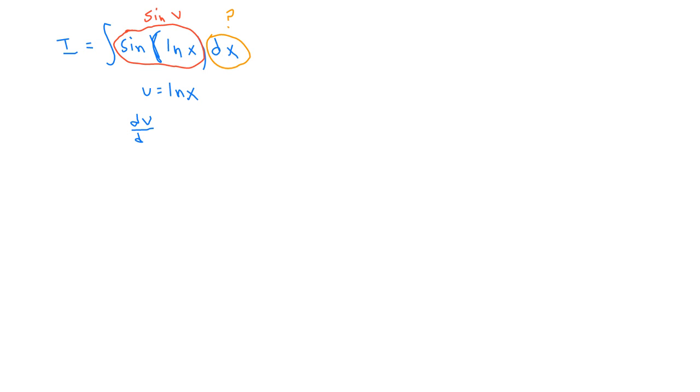So du dx will equal, what's the derivative of the log of x? You should all know that. Derivative of the natural log is, that's right, 1 over x. And so du will equal 1 over x dx.